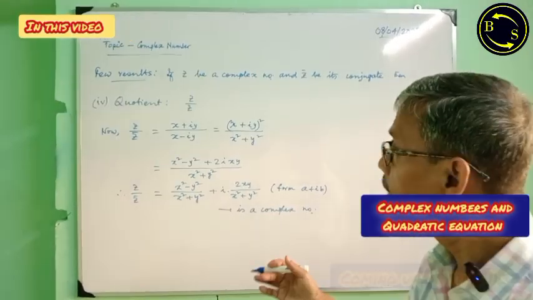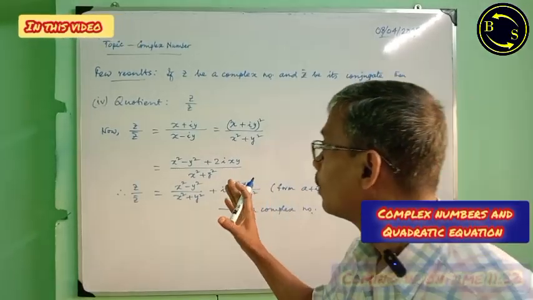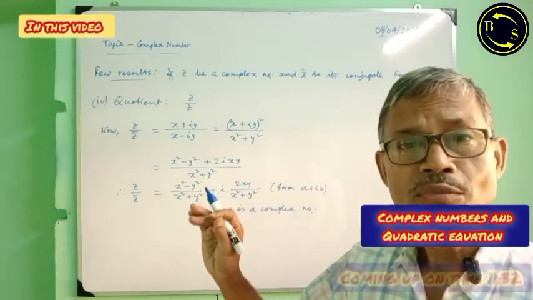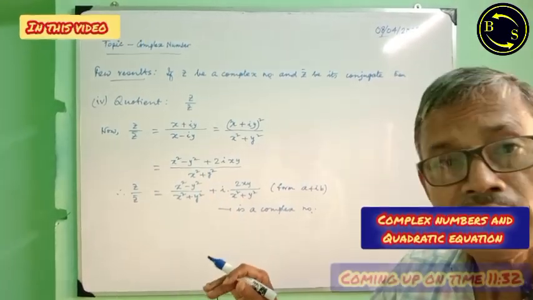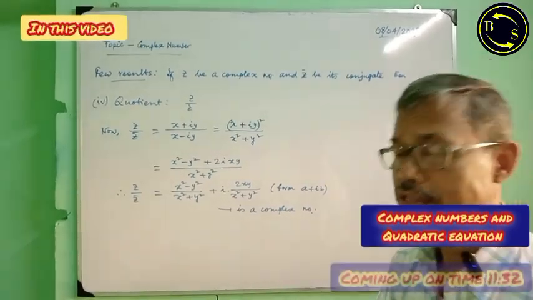Similarly, we can calculate conjugate of z by z, that will also be a complex number.